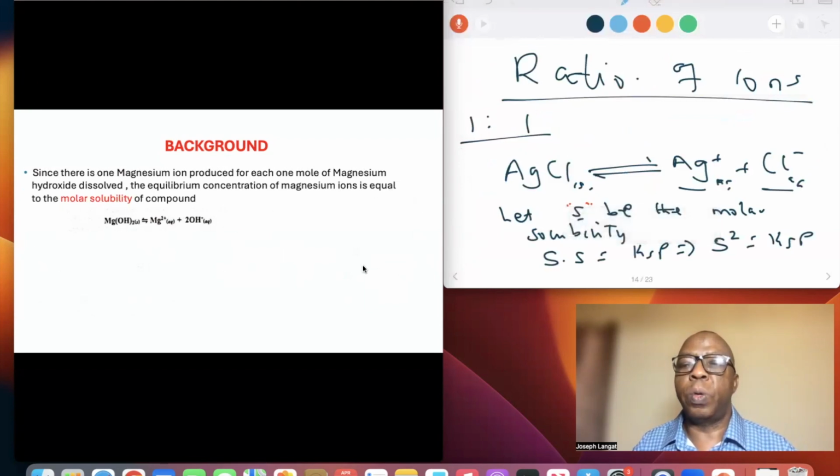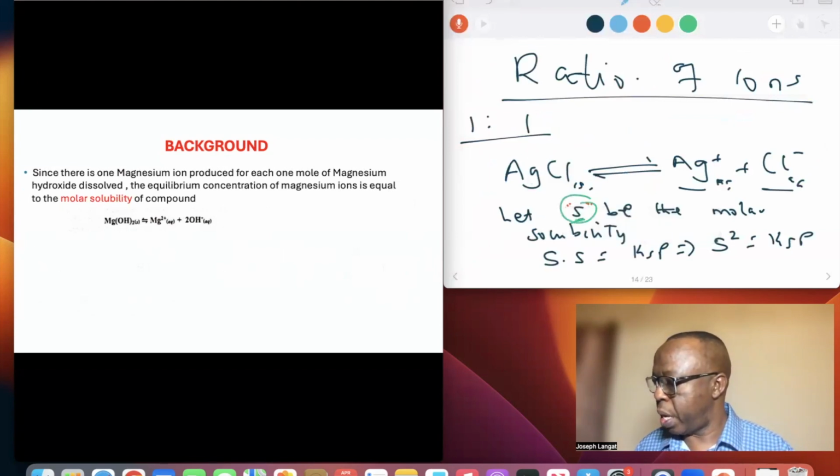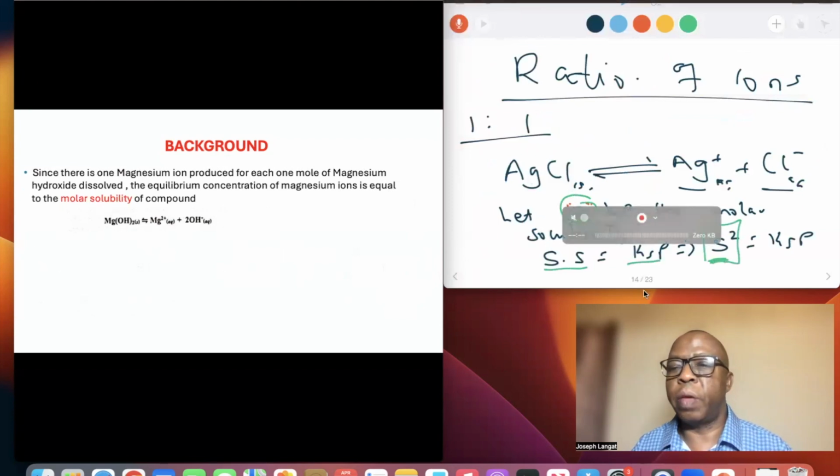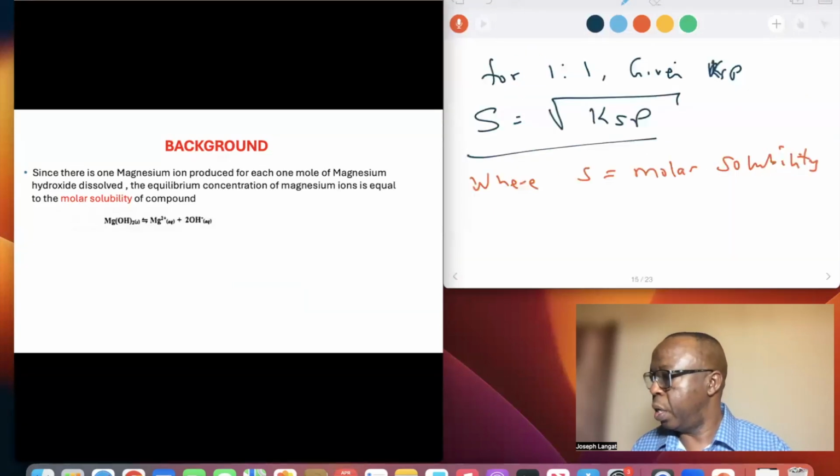For 1 to 1, we have S as the molar solubility, and S times S gives us the ion product, and this is the equation to find the molar solubility given the Ksp. With that, it is just the square root of Ksp. This is for a 1 to 1 mole ratio.